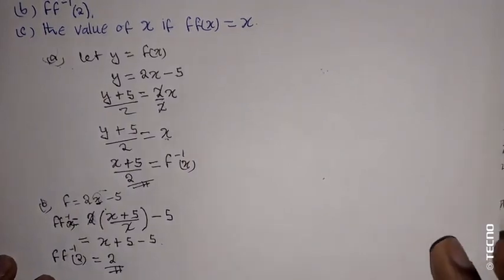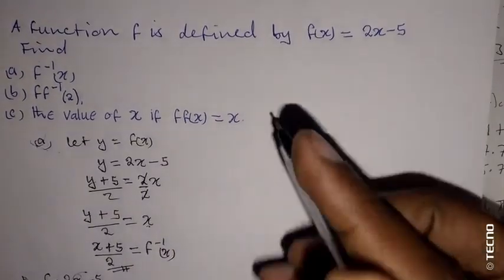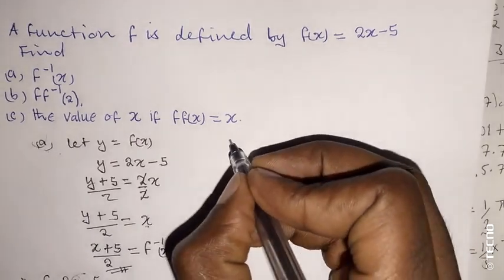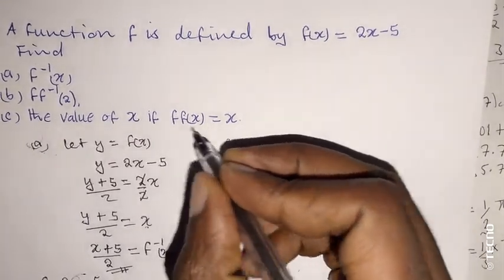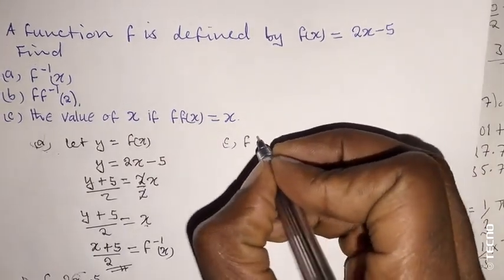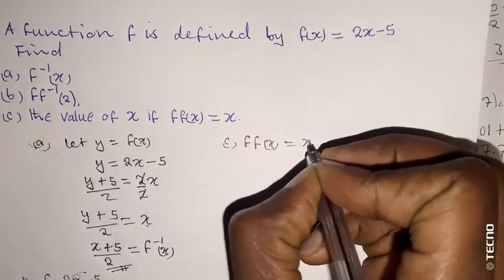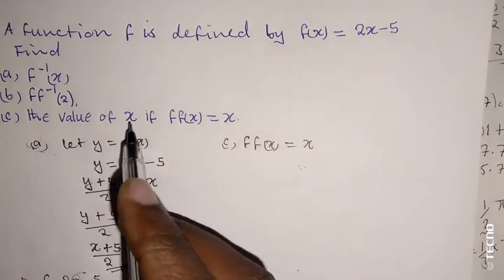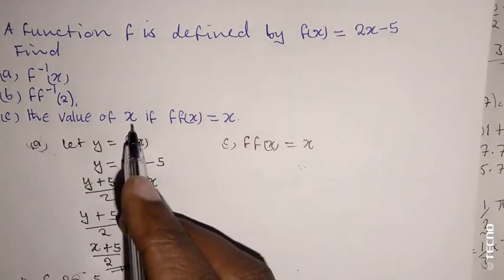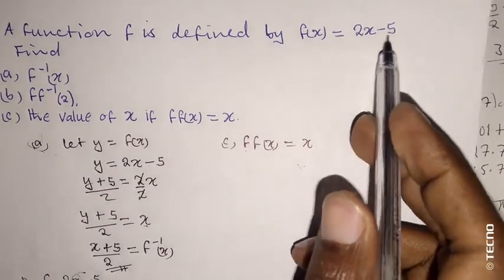Okay, so now we go to the last one, which is c. Here the c we have been given is f of x is equal to x, and the problem is to find the value of x. Here our f, we know that f is this one.